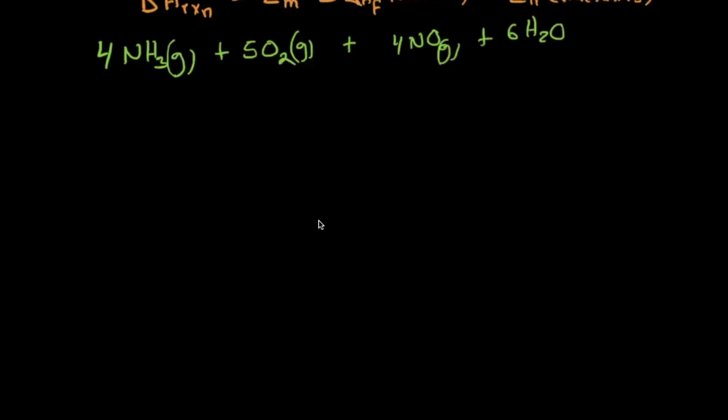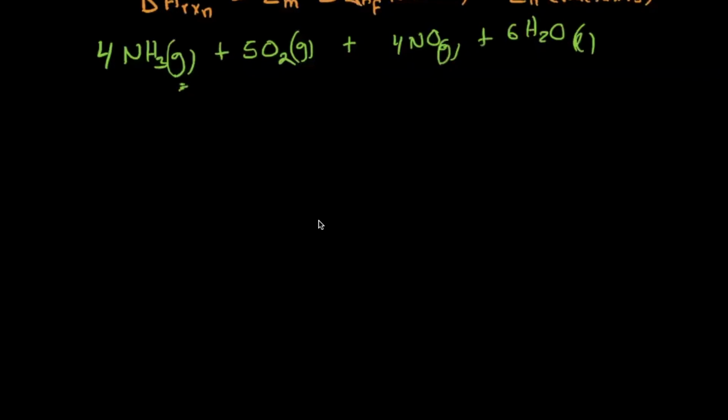You are going to have a table in your textbook with the heat of formation of each of these compounds. Pay attention to the states, because there may be different values of ammonia for gas, solid, and liquid.